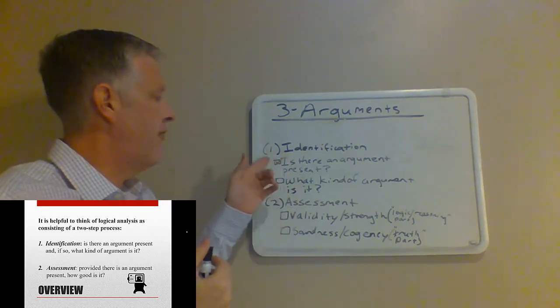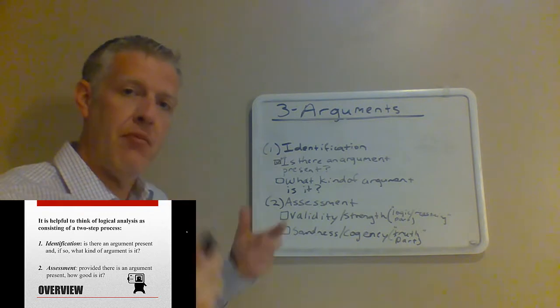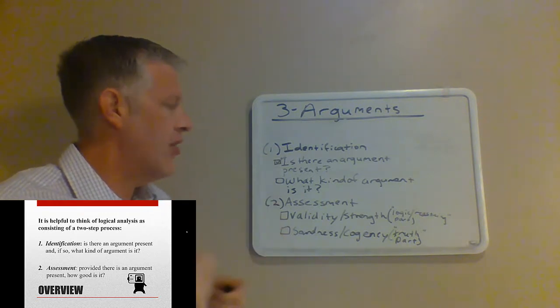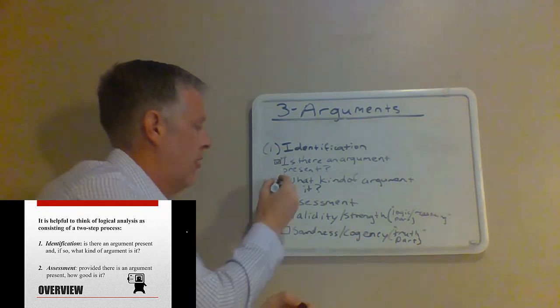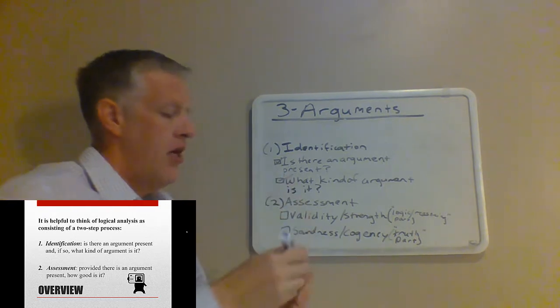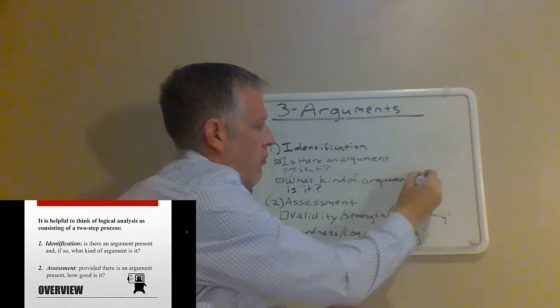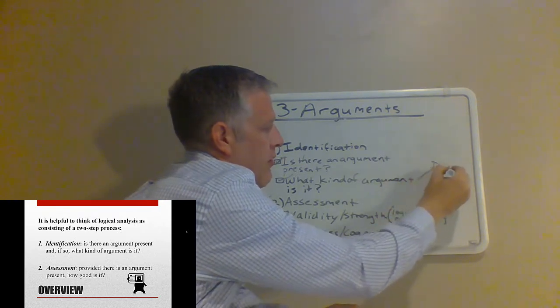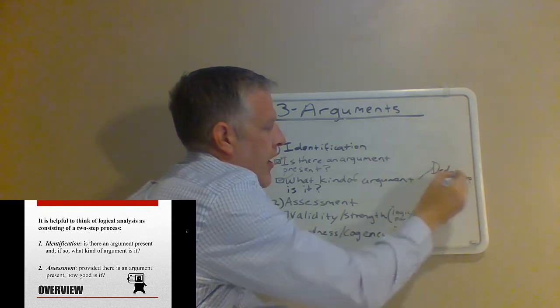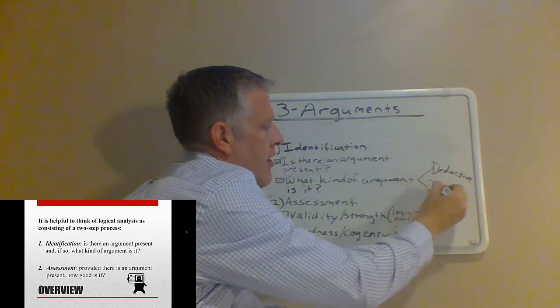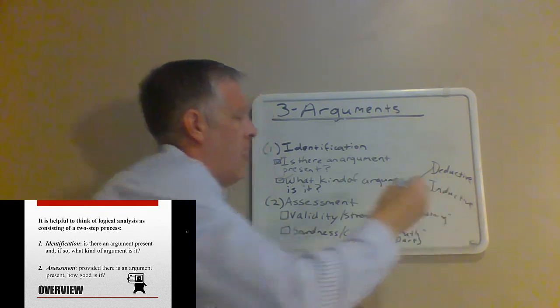Step 2 of this first part, if you will, the identification process, is then to ask, well, what kind of argument is it? Okay, what kind of argument is present? And so that'll get then into the 2 types, right, that we'll get more into here in a second, deductive and inductive arguments.